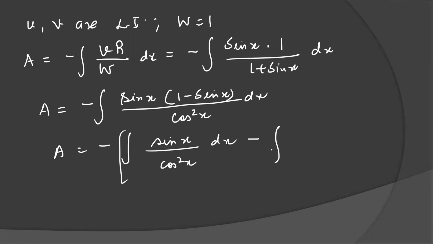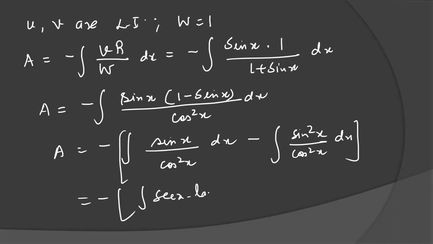minus sin square x over cos square x dx. So it is actually sec x into tan x dx, and take the minus sign inside, then it will become plus tan square x. Tan square x can be written as sec square x minus 1 dx, because we don't know the integration of tan square x, but we know the integration of sec square x.